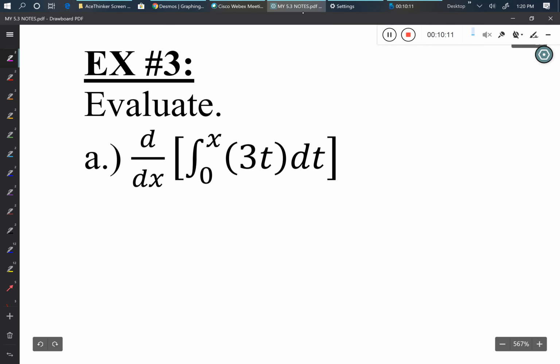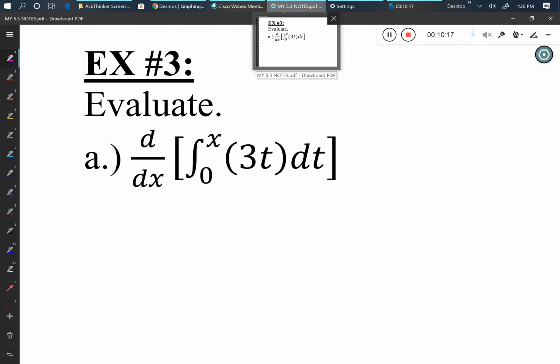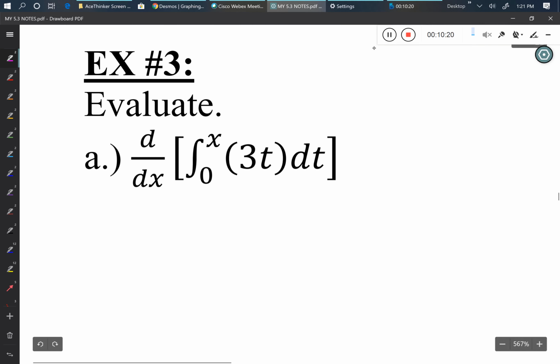So, here you go. What's the derivative of the integral from 0 to x of 3t dt? 3x. Because what's this? Oh, that's f of t.